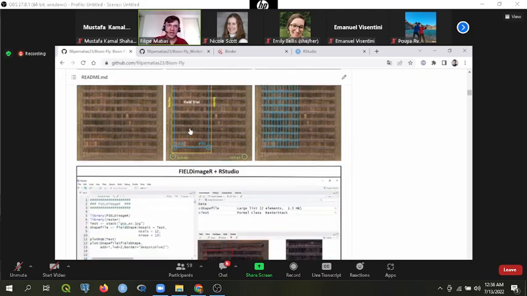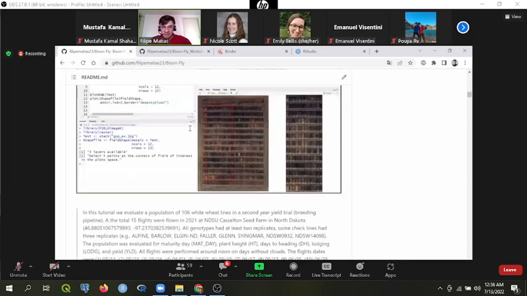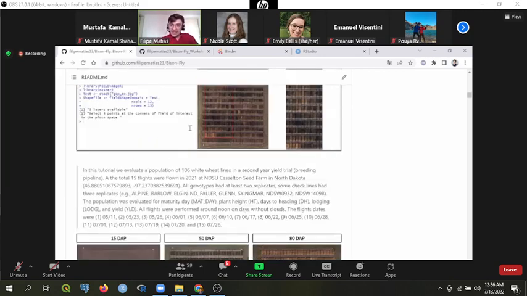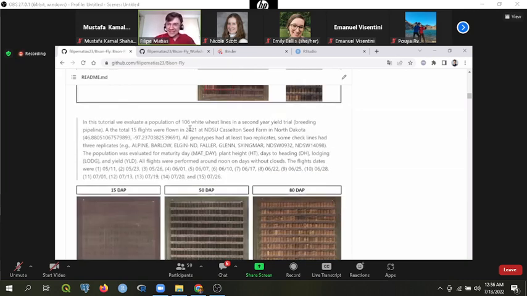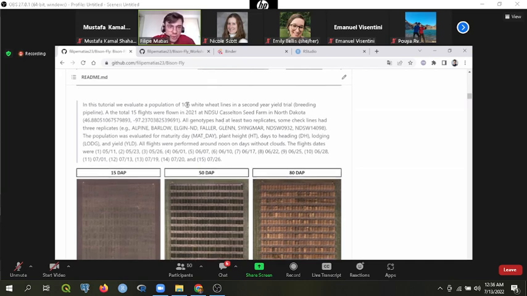And here is our RStudio. Okay. Now comes the most important point, I guess, in this section: talking about the free data that we have here. Basically, we have 106 white wheat lines, in a block design.